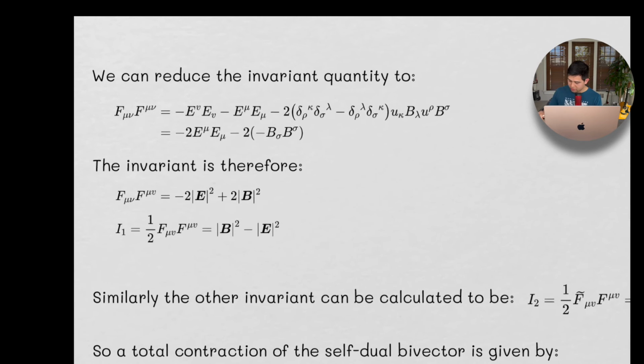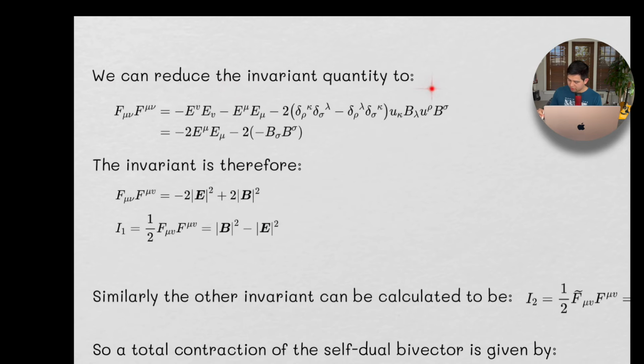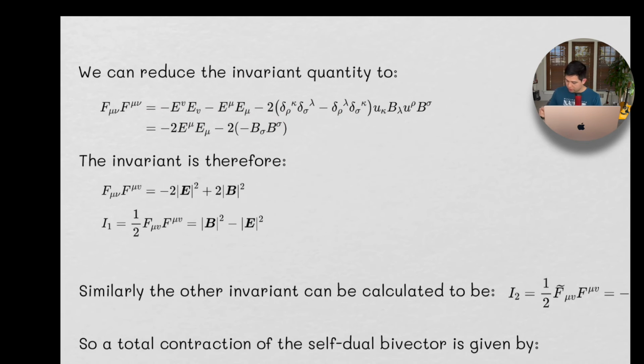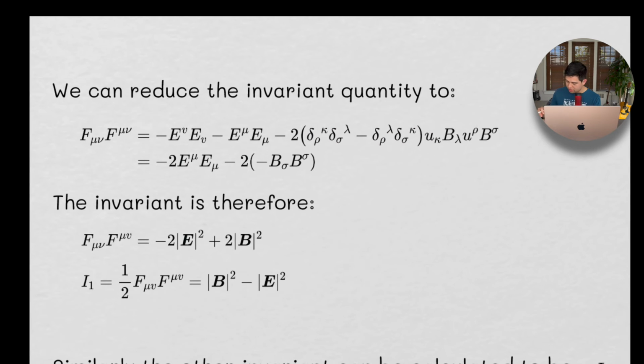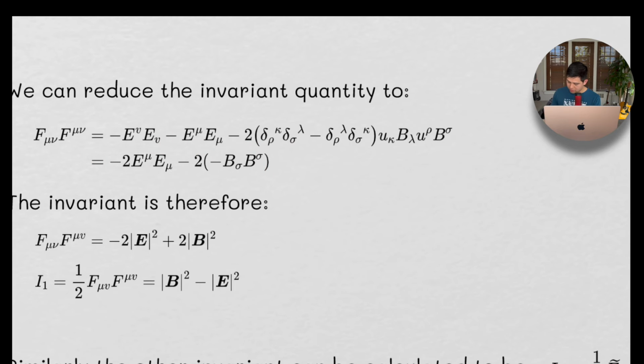this actually reduces, we can reduce the invariant quantities to this, and then this further reduces when we take all of these Kronecker deltas to something like this, right? And the reason for that is because again, these are dummy indices, which is going to give us -2, and then these guys here, we're going to have sigma, right?